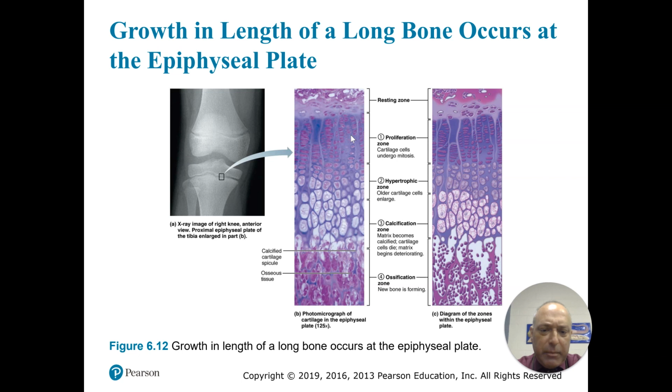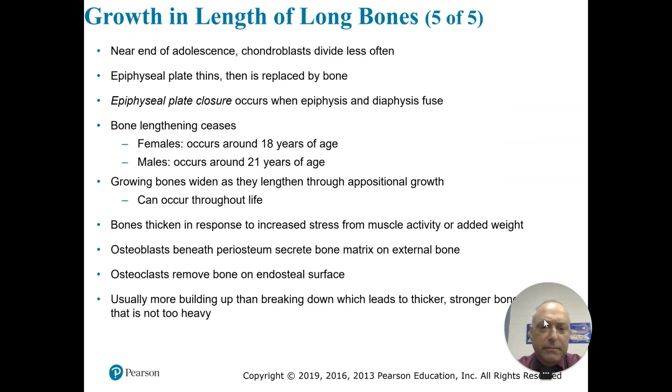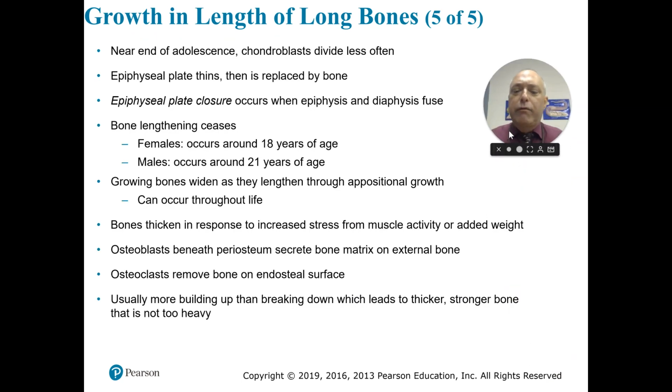Proliferation of these stem cells and hypertrophic growth of these cartilage cells, calcification, laydown, also from cell death, and then the ossification zone is where the new bone is formed. So that is growth in length of a long bone.